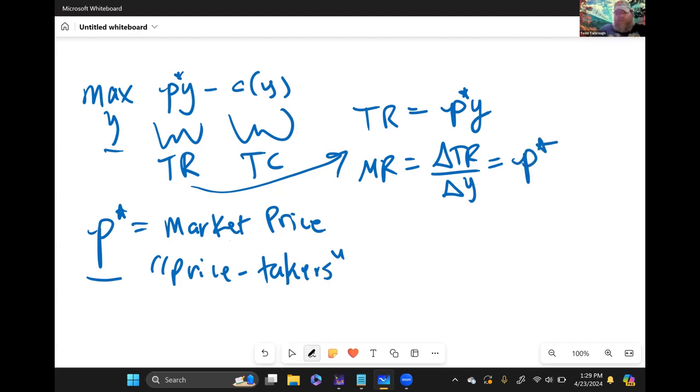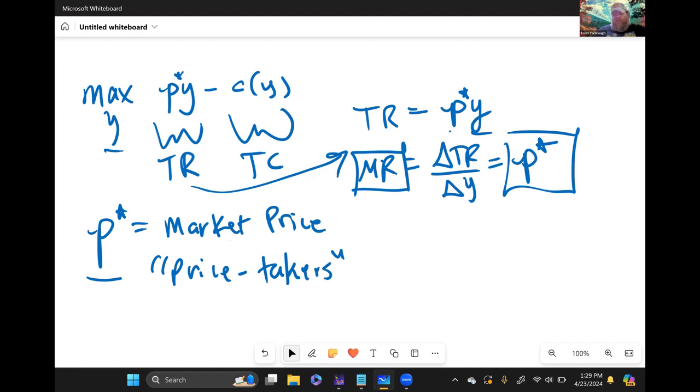In other words, if you think about what happens to total revenue when I increase output by 1, the amount that total revenue is going to change is P star. So if Y goes up by 1, how much does total revenue change? It changes by P star. And so this implies that the marginal revenue of a competitive firm is just going to be the market price set by the market that they're in.